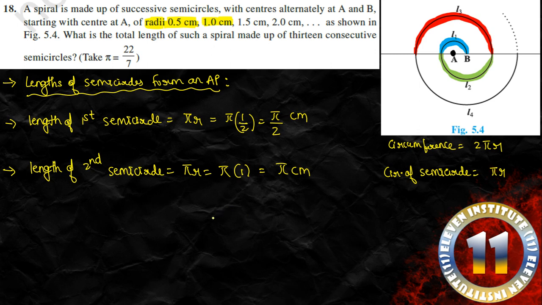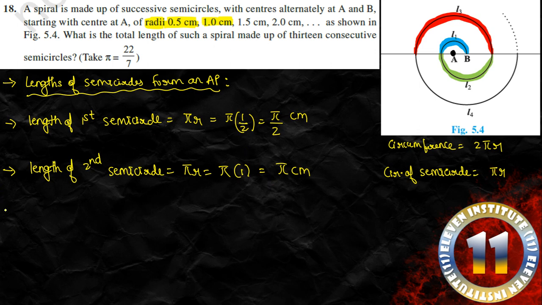Each time pi is multiplied with the radius. If the radius increases by half each time, the length of the semicircle also increases by that amount multiplied by pi. So half, then 1, then 1.5.